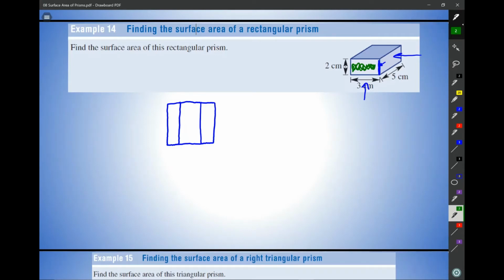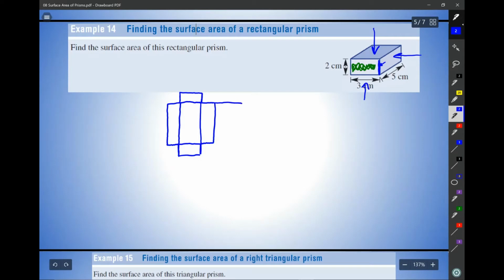They come off the base at the top and the bottom. And the last thing we need to deal with is the top, which can go on either side. It could also go over here.